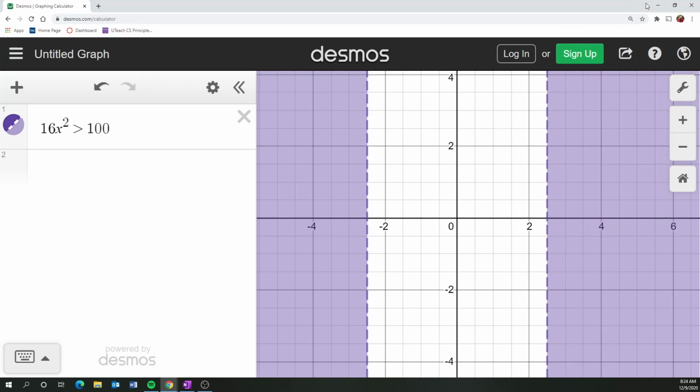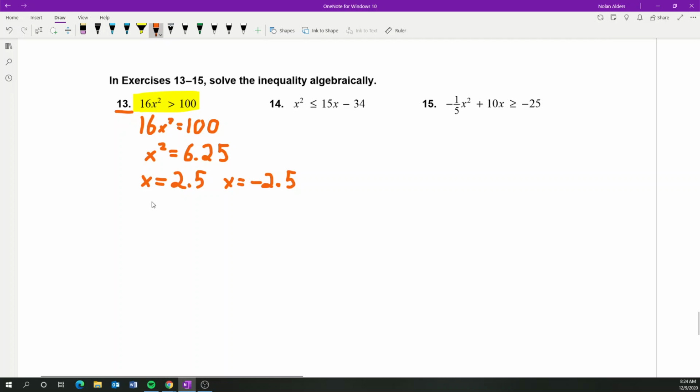So our solution here is going to be x is less than negative 2.5 or x is greater than 2.5.